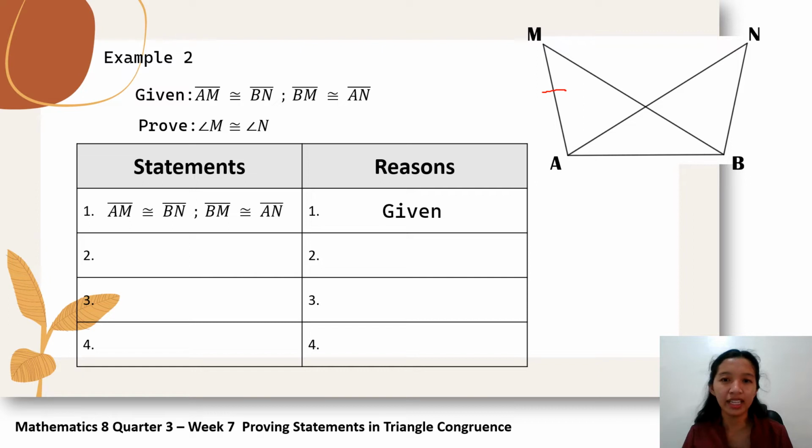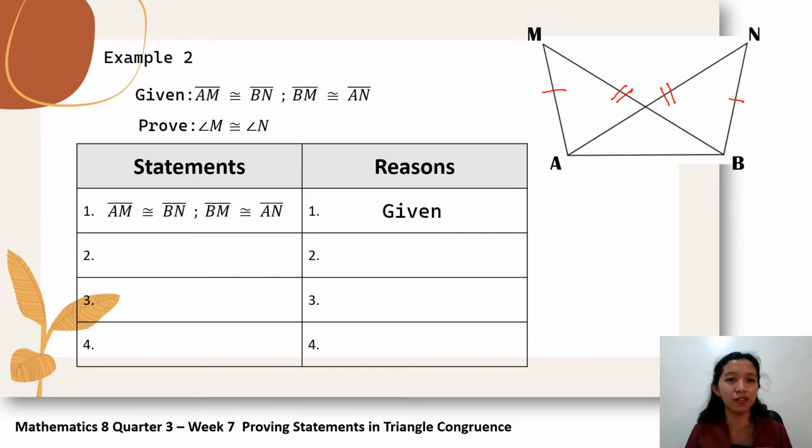So here, line AM is congruent to line BN. Let's put one marking on each. And also we have line BM. Here, let's put the second marking, congruent to line AN. Okay. So now we have identified two congruent parts of the triangles.